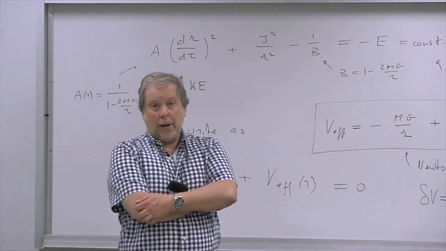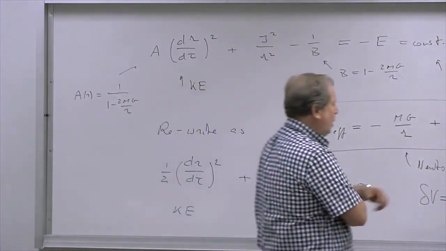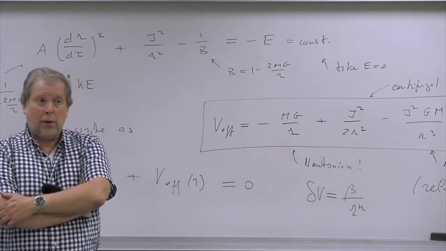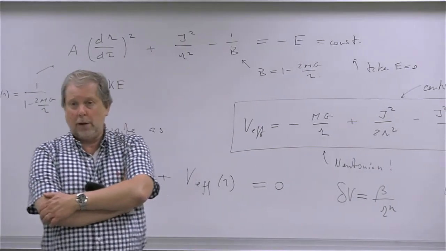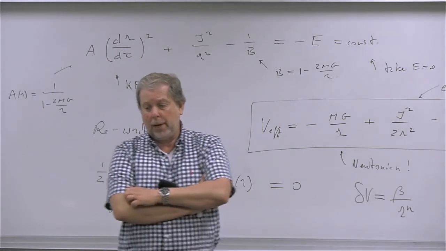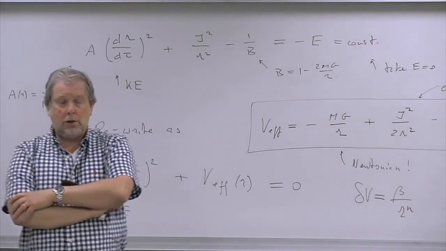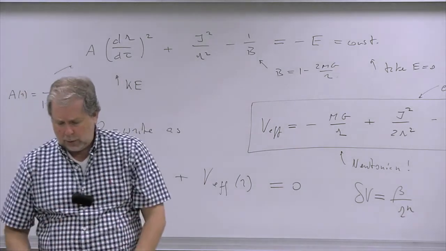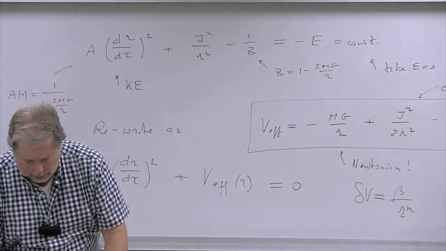And it depends on the angular momentum as well; it does have a j squared there. Incidentally, it is a relativistic correction, because if you were to put the speed of light in it, there would be a c squared in the denominator. So it is a genuine relativistic correction, and so you can then work out what it is.